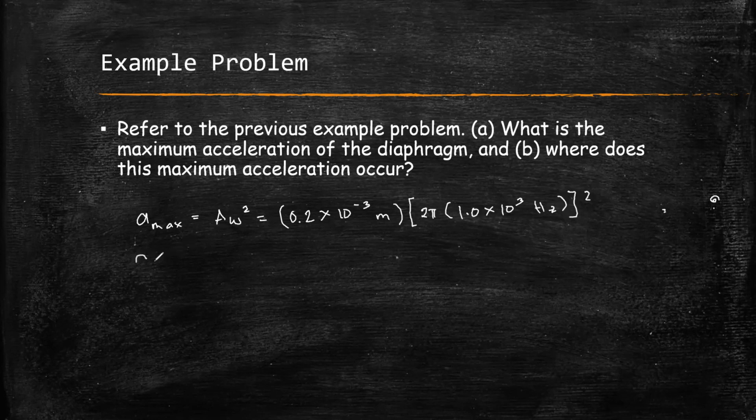Therefore, our Amax is equal to 7.9 times 10 raised to 3 meters per second squared.